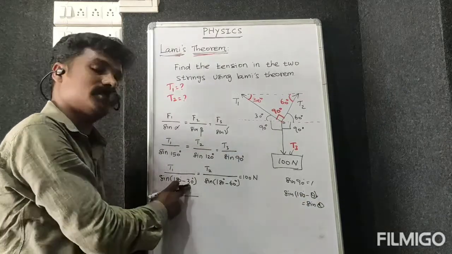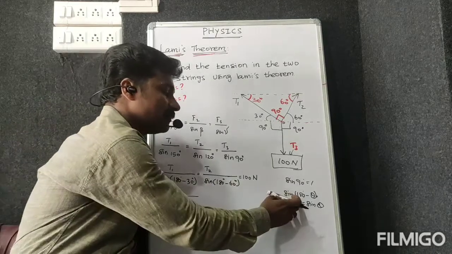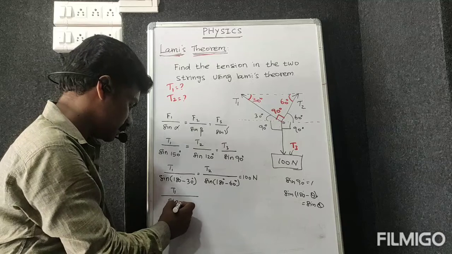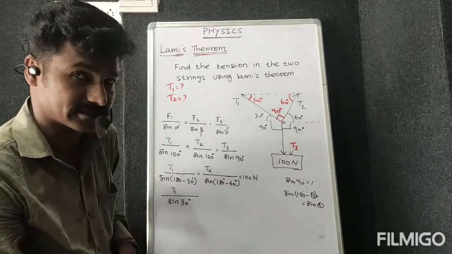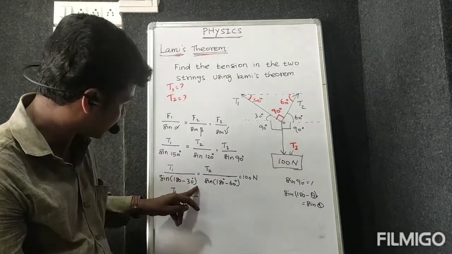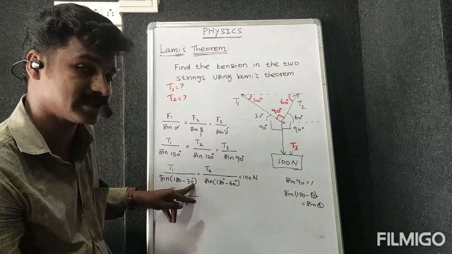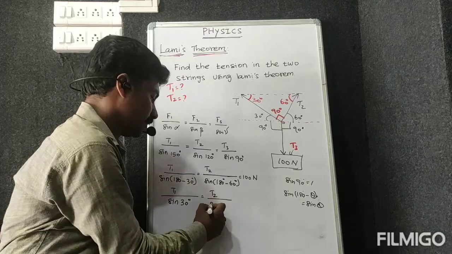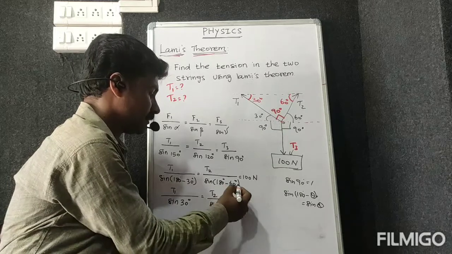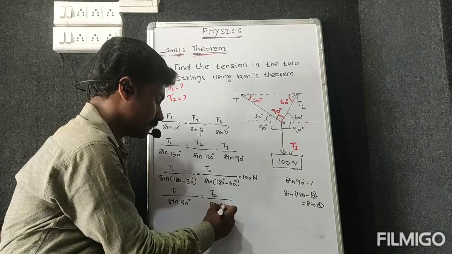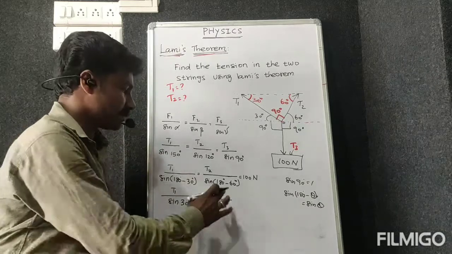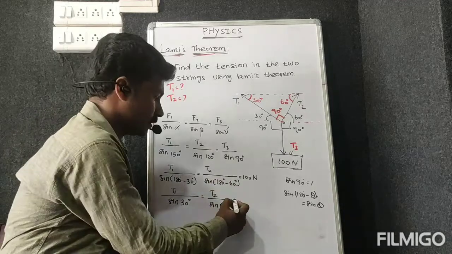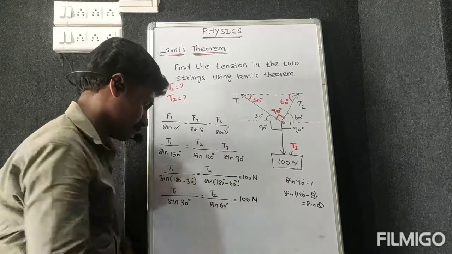Here theta is 30, so sin of 180 minus 30 is equal to sin 30. This is the trigonometry idea: sin of 180 minus theta is sin theta. Like that, T2 divided by sin of 180 minus 60 is sin 60, because sin of 180 minus theta is sin theta. With theta equal to 60, this equals 100 Newton.